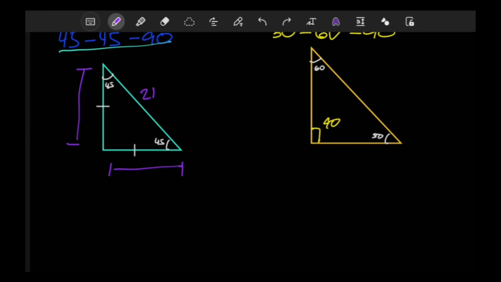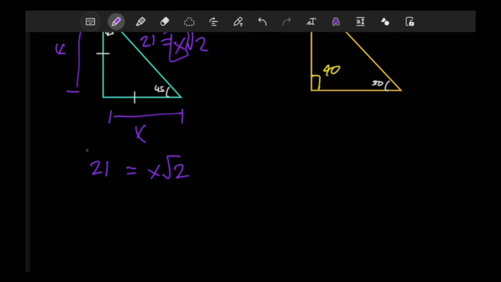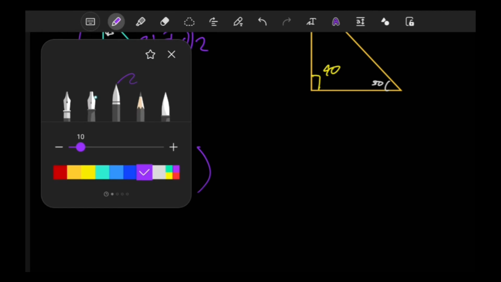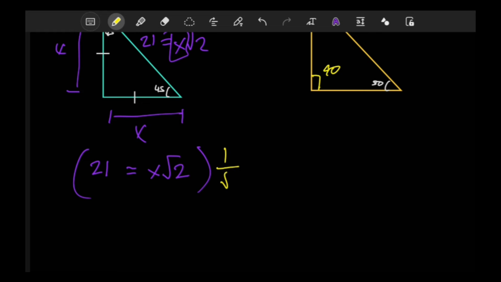You know that if the side length is let's say x, then the hypotenuse is x times the square root of 2. So basically we're looking for x. So 21 is equal to x times the square root of 2. Multiply both sides by 1 over square root of 2 and cancel.